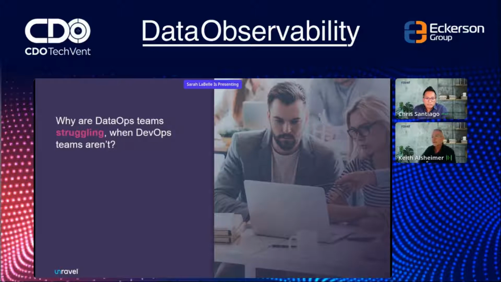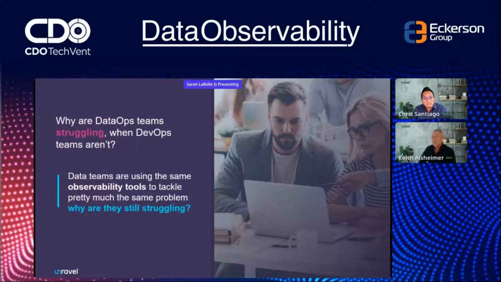But if we look at DataOps teams, we see that they're struggling the way Chris described, and yet they're using those same tools that DevOps teams have been using to implement DevOps. So the question is, why is that?